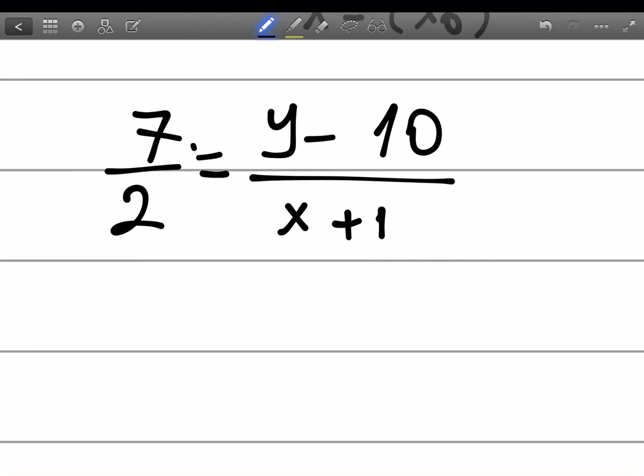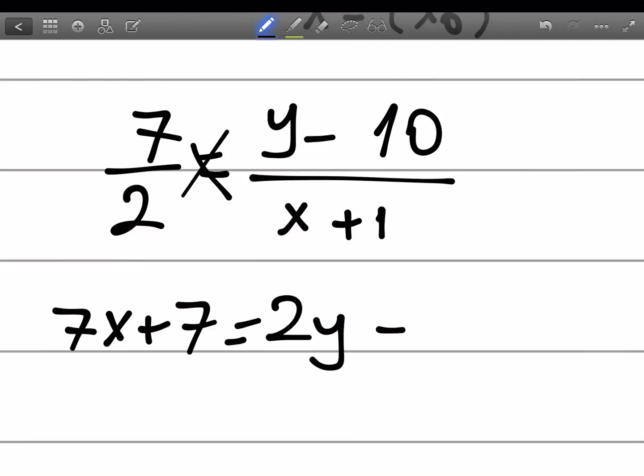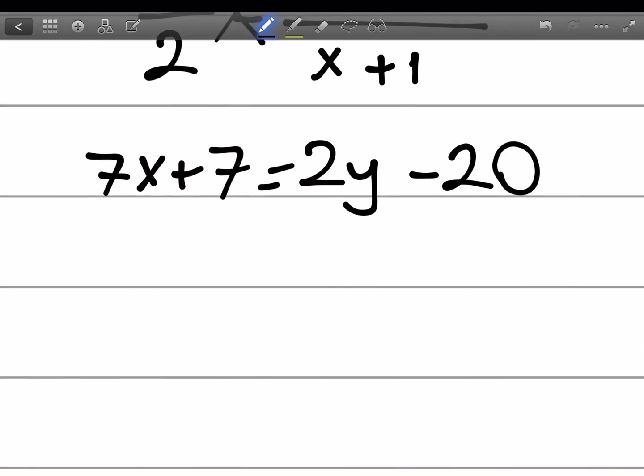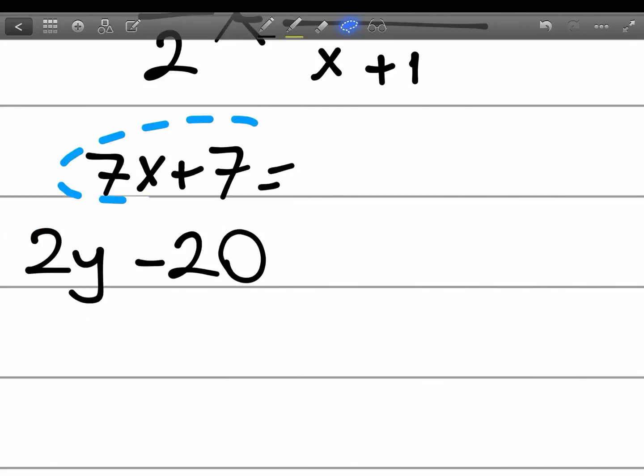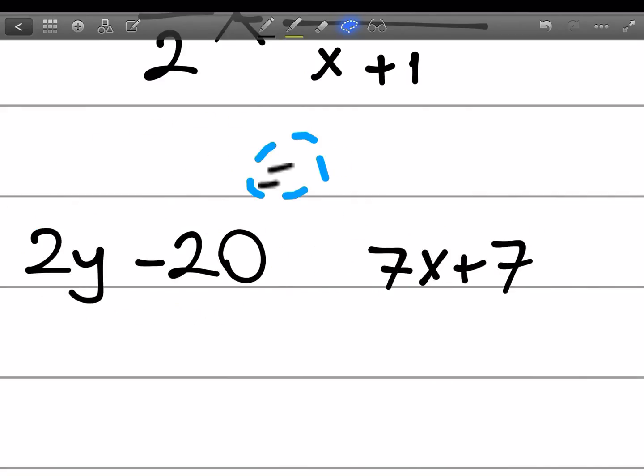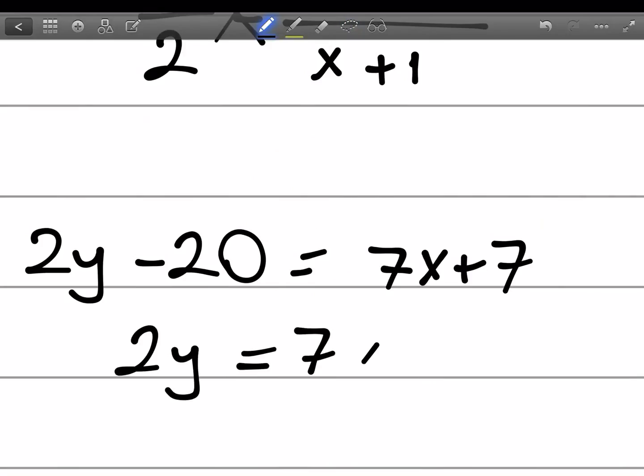Then we have the equation 7x plus 7 equals 2y minus 20, and here we swap these two terms. We have nothing to change. 2y is equal to 7x plus 7 plus 20.